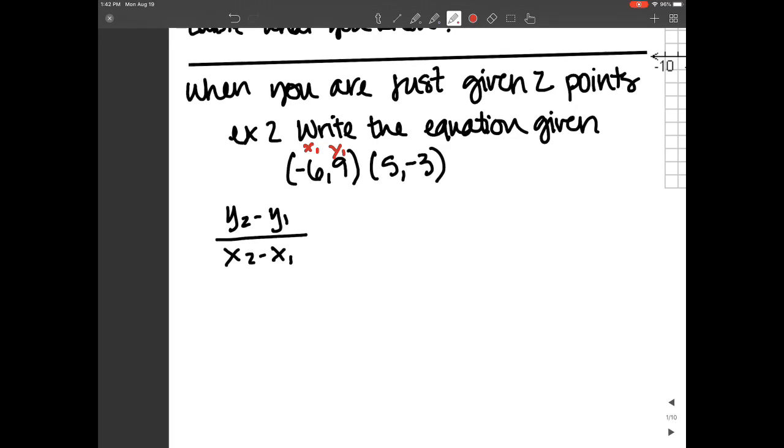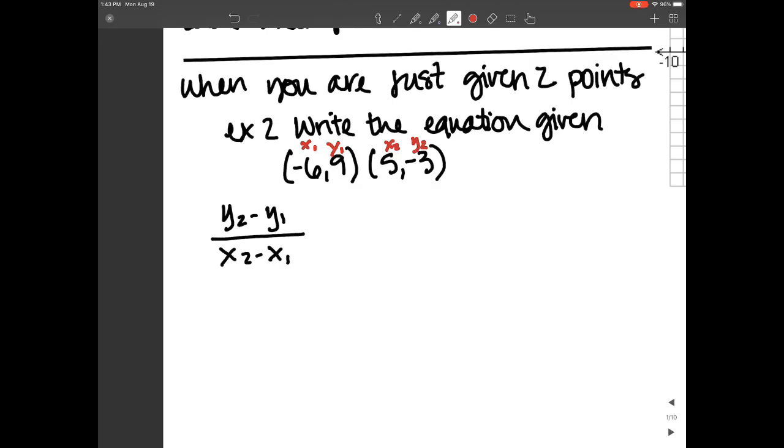Now, when I am plugging these into this magic formula that Ella so nicely gave us, I'm going to be really careful with signs and making sure I drag everything that I need. First thing, I'm going to plug in y2, which is negative 3. Then I automatically put down a minus sign because that's what the formula says. And then y1 is 9.